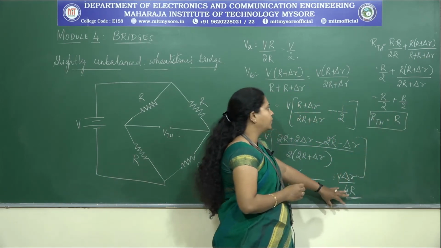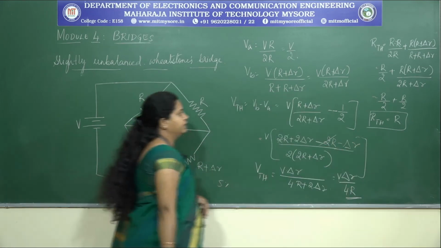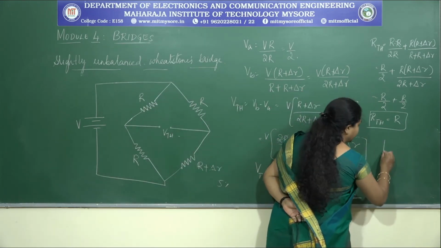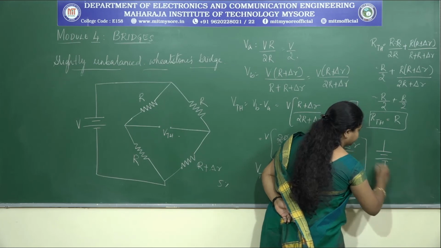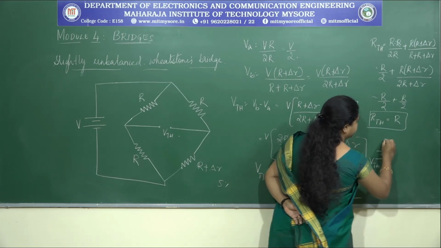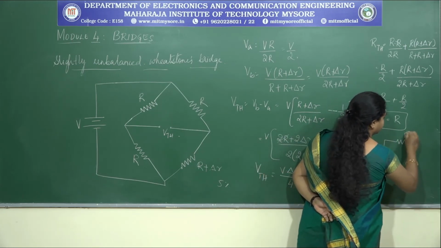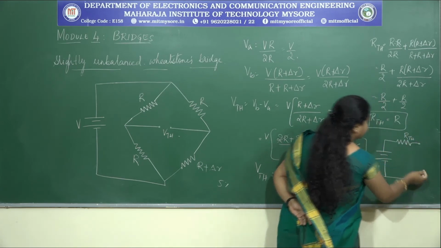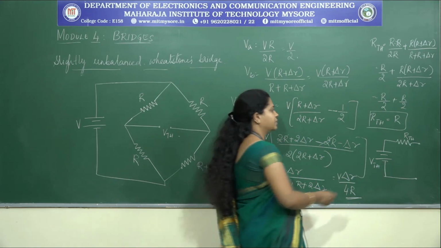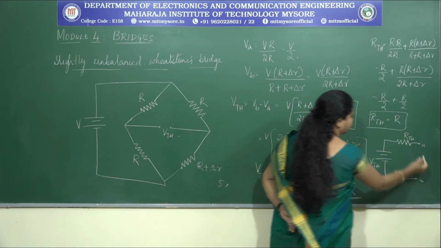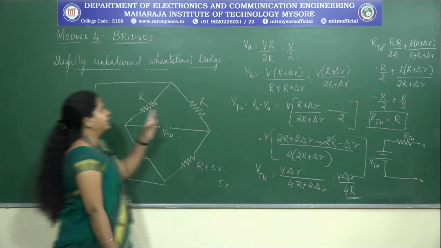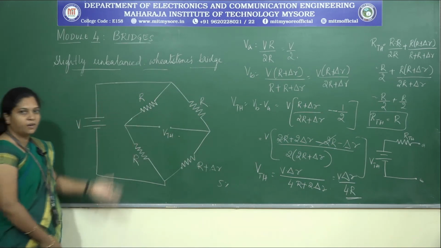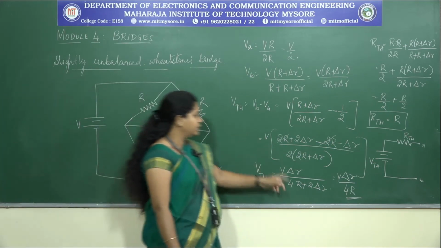Okay, now we have got V Thevenin and R Thevenin, for a slightly unbalanced bridge. This is, let us say, the points A and B. For a slightly unbalanced bridge, this is how we are going to analyze. Take the V Thevenin.